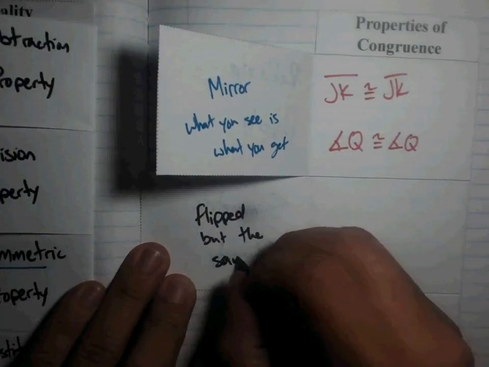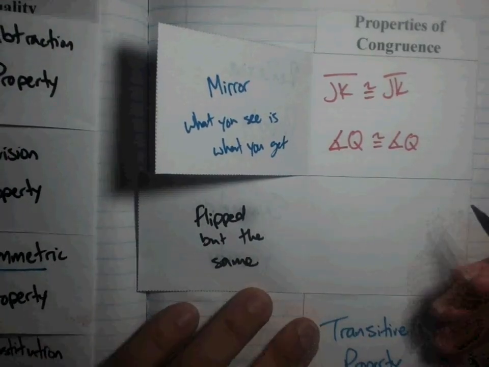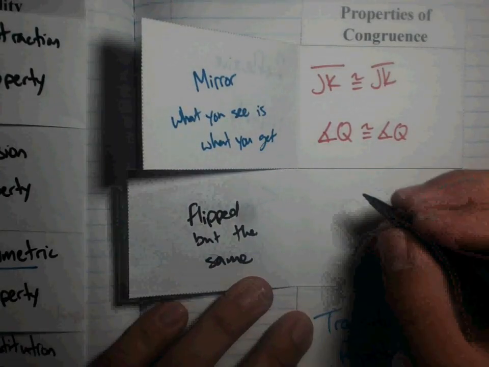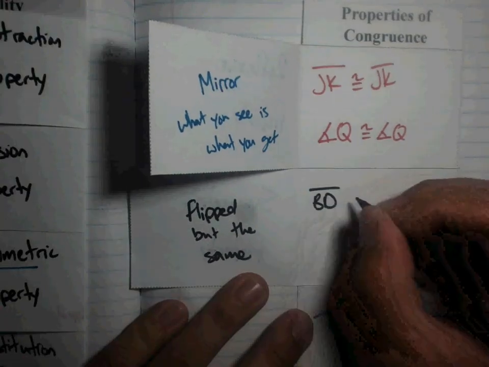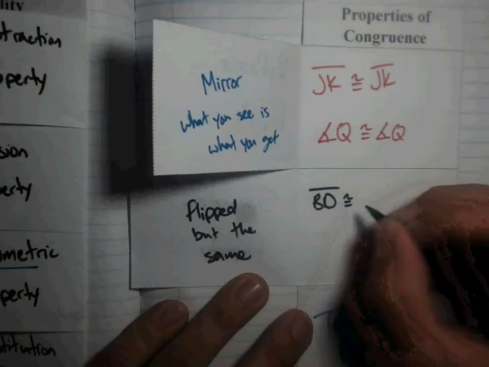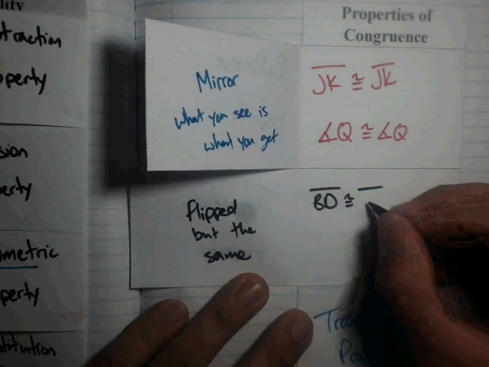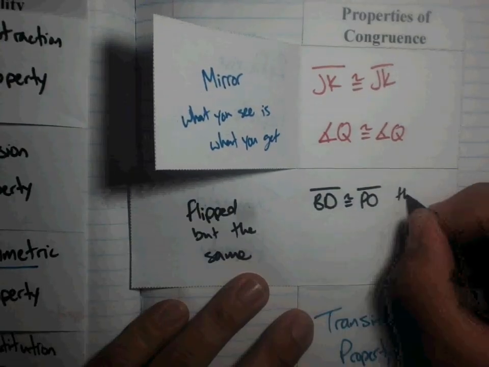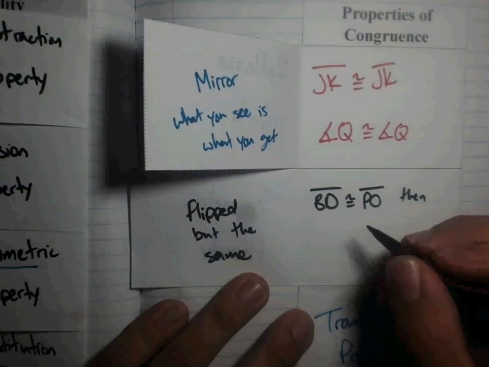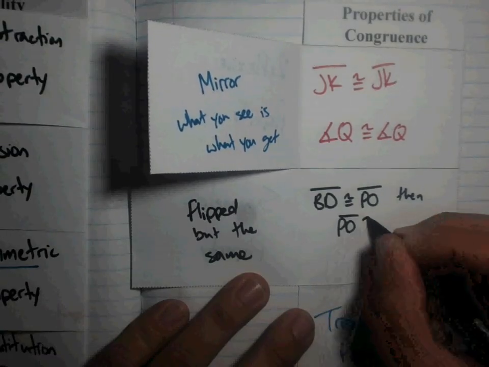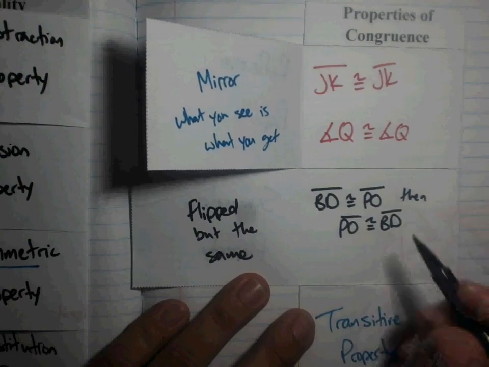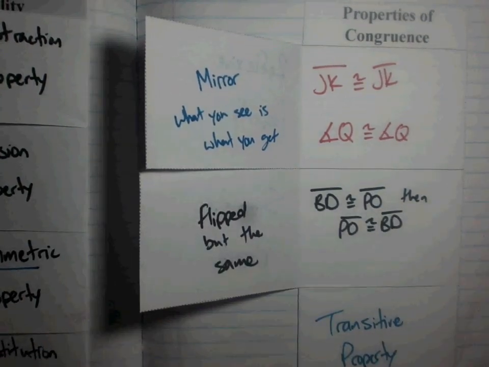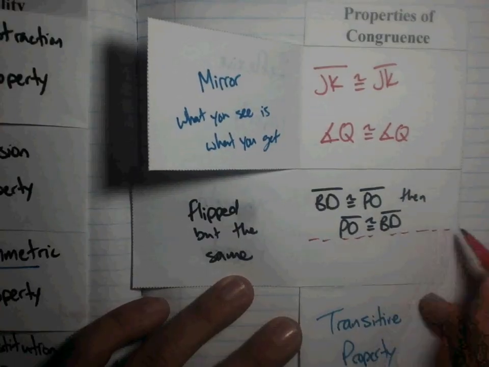So if you have line segment BD congruent to line segment PO, then you can also say that PO is congruent to BD. They say the exact same thing, but you can flip them around. And that also works with angles too.